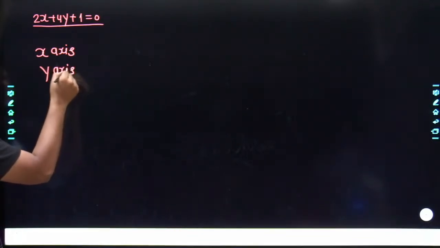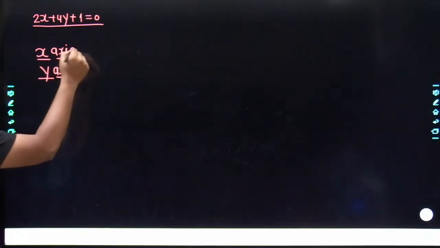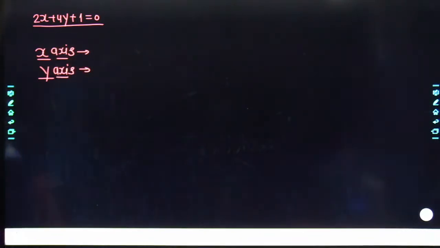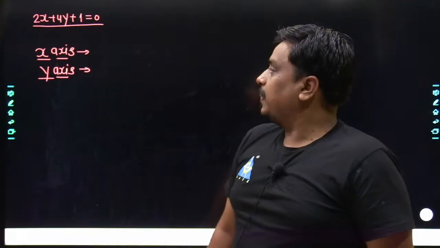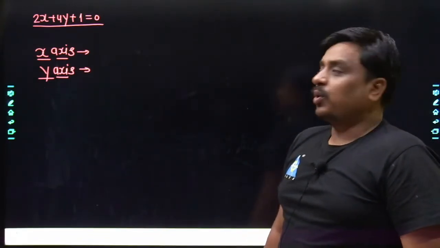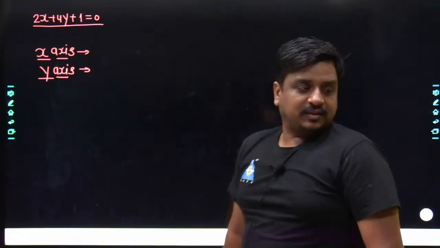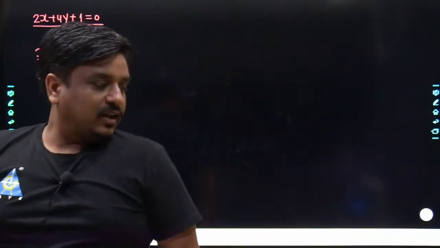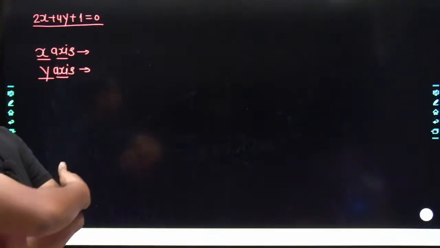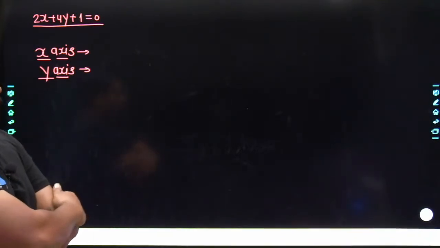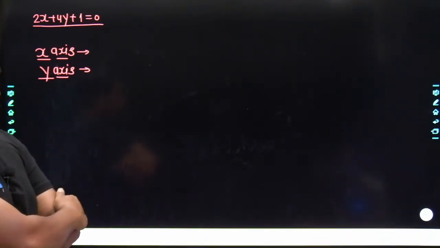I would like to take the feedback or the concurrence from each one of you. Tell me, what would be the intersection over the x-axis as well as the y-axis?